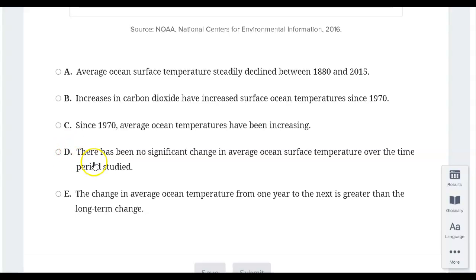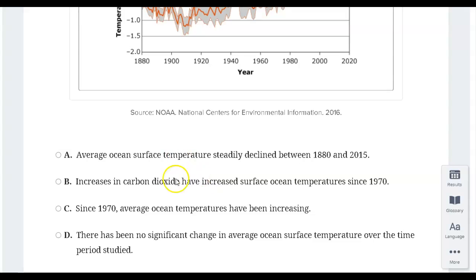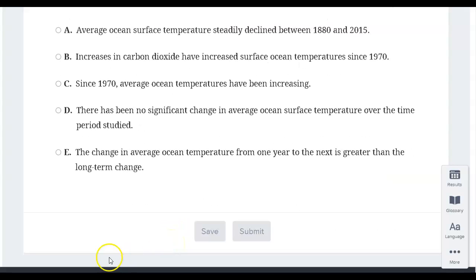D says there has been no significant change in average ocean surface temperatures over the time period studied. And E says the change in average ocean temperatures from one year to the next is greater than the long-term change. So after you look at this graph, see if you can figure out which one of these is correct.